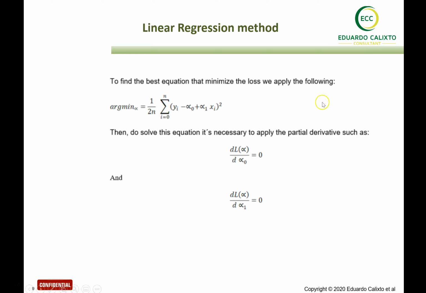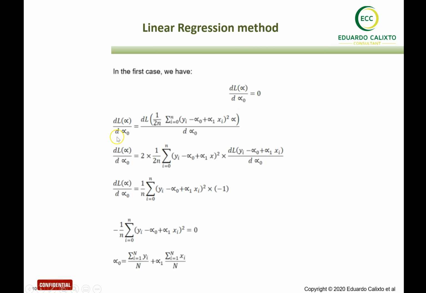The linear regression aims to find the best equation that minimizes the loss. That is represented by a minimum of the loss that's calculated by this equation. In order to solve this equation, we need to use partial derivatives, considering the parameters alpha 0 and alpha 1.